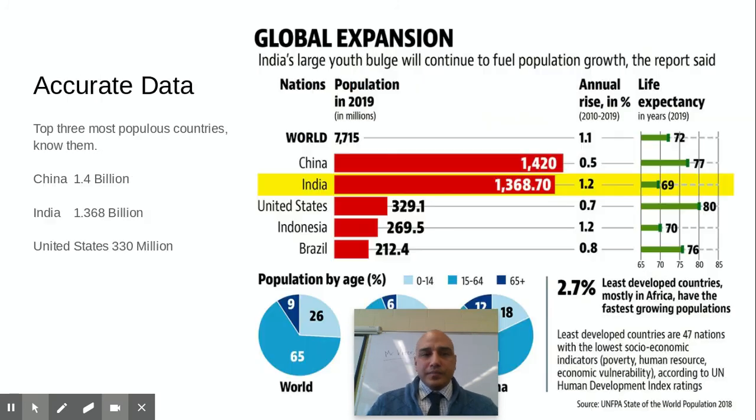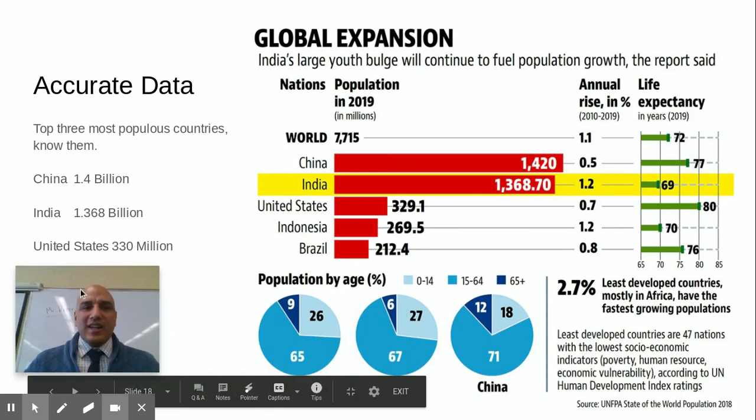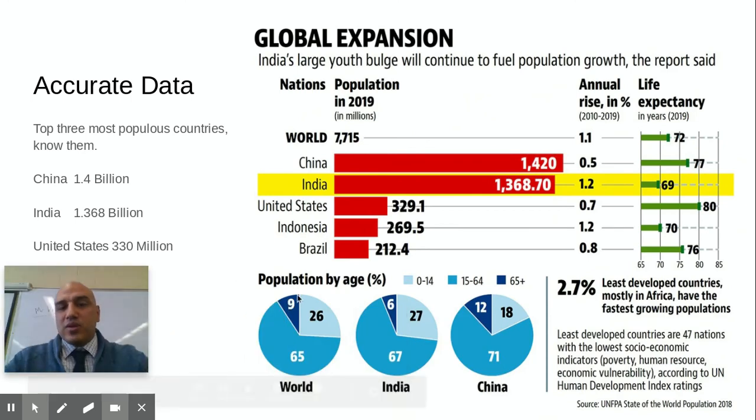All right, let's continue. So we're looking at some data, and this was probably made 2 years ago, so it's probably not as accurate. But it's important to understand that the world population is roughly 7.7 billion. Granted, when you make an APES exam, you're taking data from approximately 3 years before.